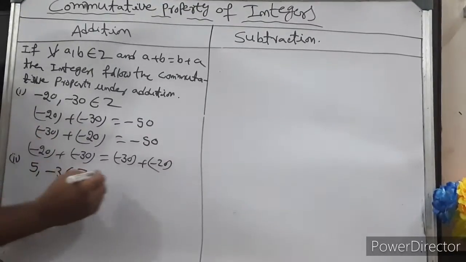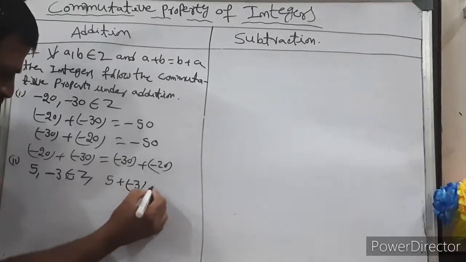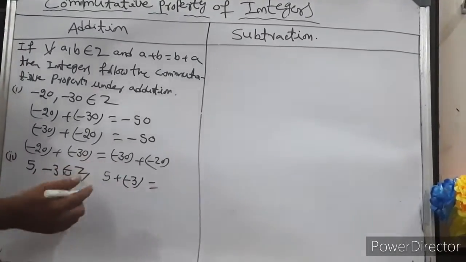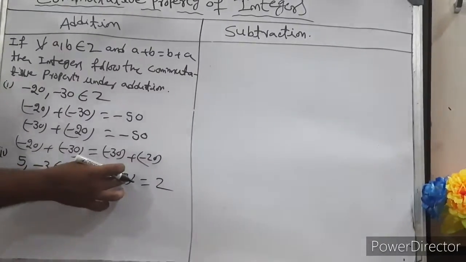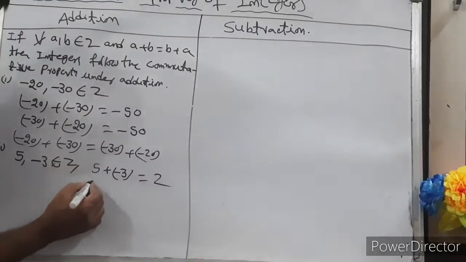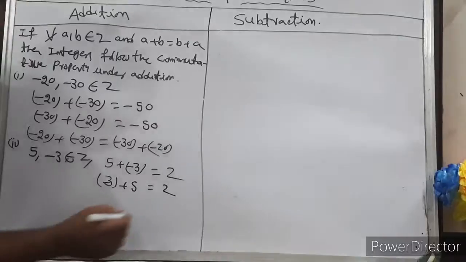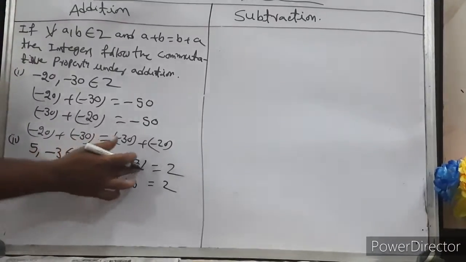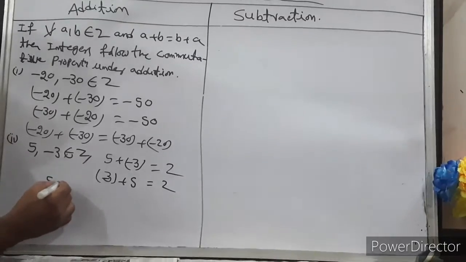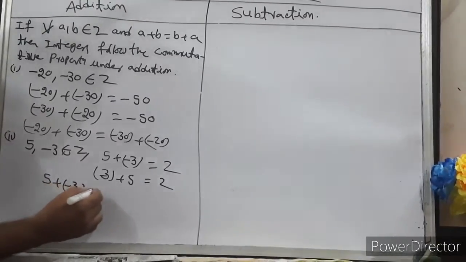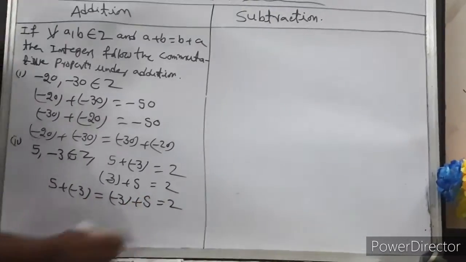Then a plus b, that means 5 plus minus 3, is equal to 2. Now you do minus 3 plus 5, that is b plus a. Minus 3 plus 5 is also 2. That means 5 plus minus 3 is equal to minus 3 plus 5, which is equal to 2.